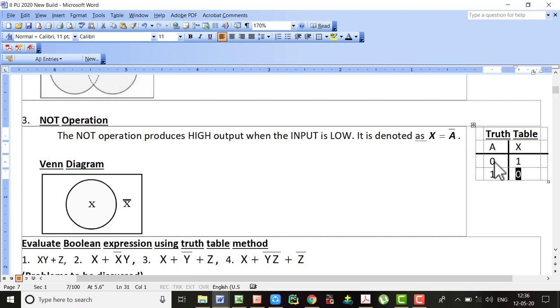I hope you understand what is happening: you are giving 0, you are getting 1. You are giving 1 and you are getting 0. That means it is just inverting the input. That's why it is called complementation. Complementation is nothing but switch over to the opposite state. 1 is given, 0 is produced. 0 is given, 1 is produced. That is why NOT operation is also called negation or complementation. And you can see the corresponding Venn diagram for this.